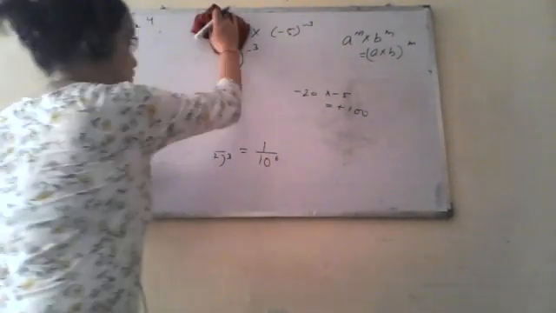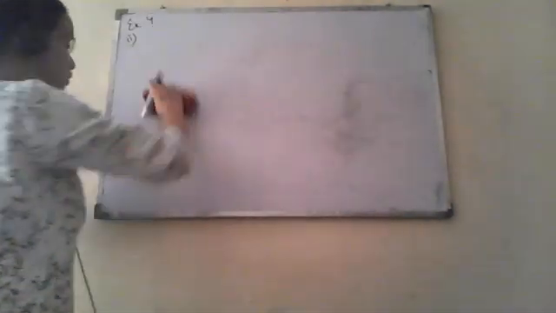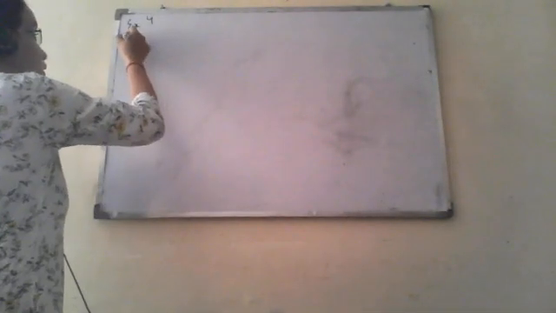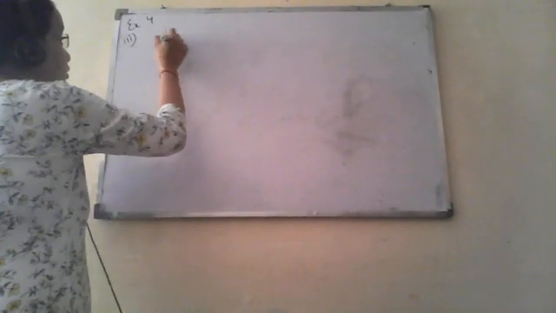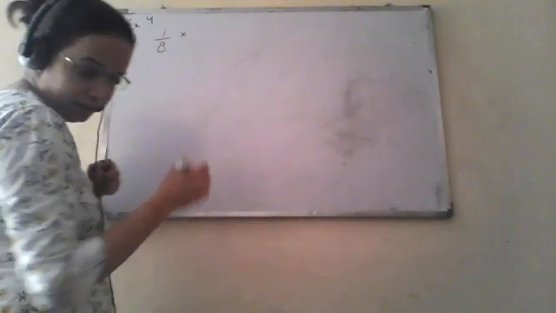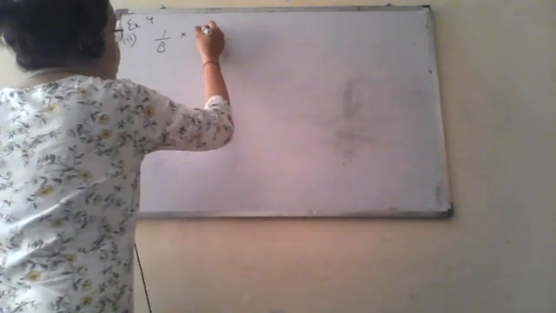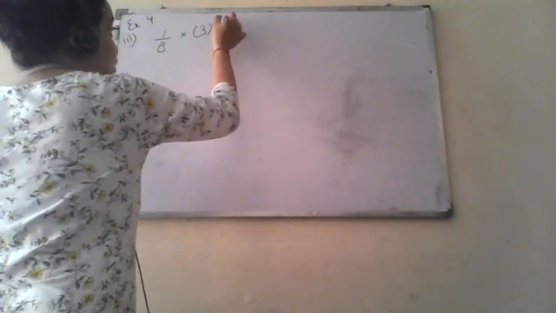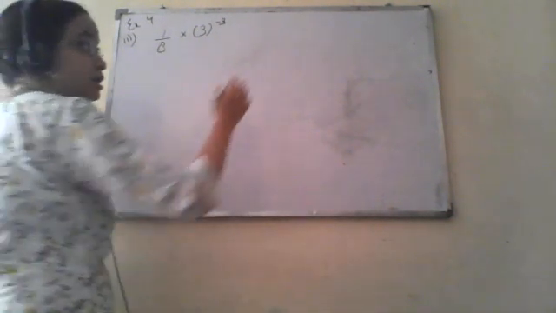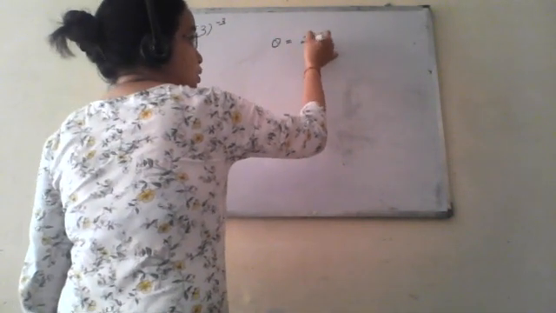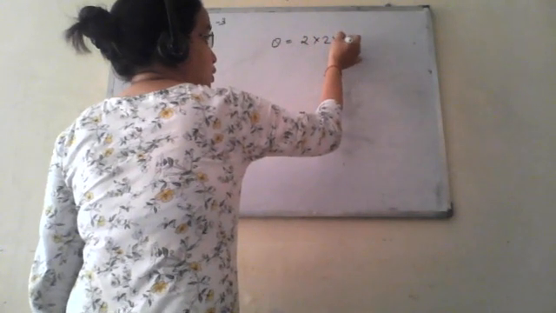Now third part. Third part is 1 upon 8 into 3 to the power minus 3. Now this 8 can be written as 2 into 2 into 2.